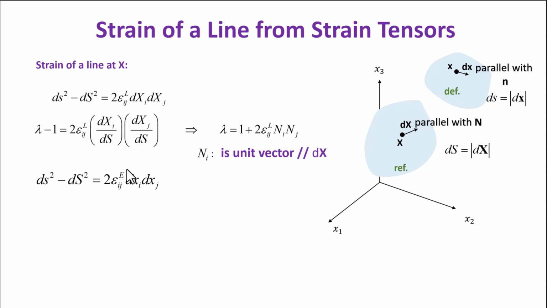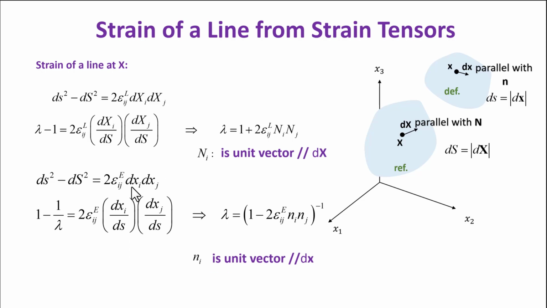Alternatively, we can use the Eulerian strain tensor to calculate the quadratic stretch. The definition of the Eulerian strain tensor is by this equation. Now we divide both sides by ds squared. The first term becomes 1. The second term becomes 1 over the quadratic stretch. The right-hand side of the equation becomes this form.